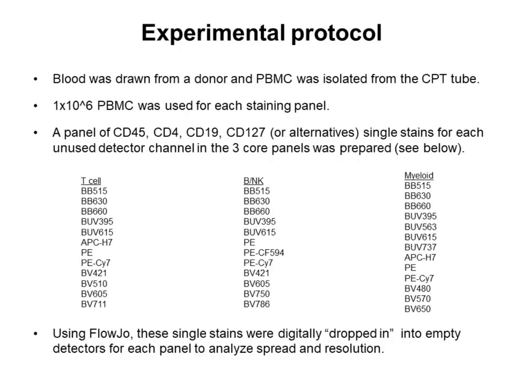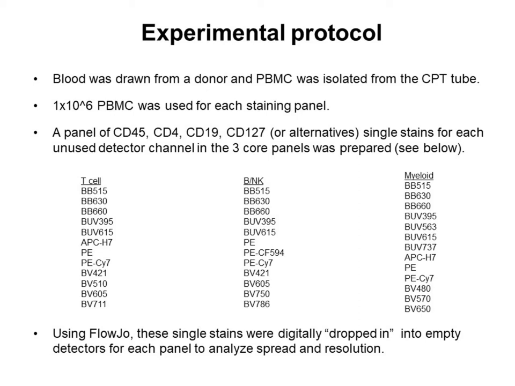So practically, the experiment that I'm presenting you now for the T-cell panel, this is how we run the experiment. We draw blood and we get PBMC from CPT tubes, and we use 1 million PBMC for each of the staining. We run single stain for each of the unused detectors for the 3 core panels.